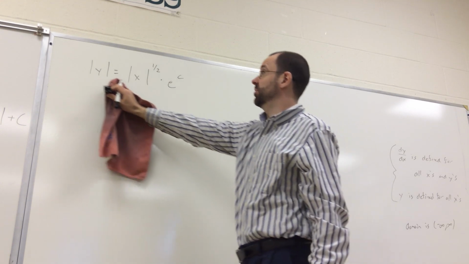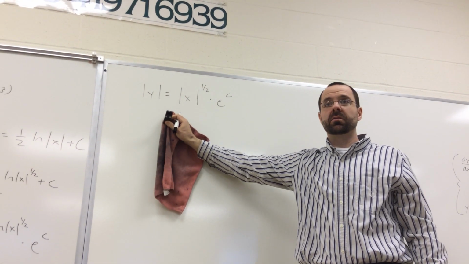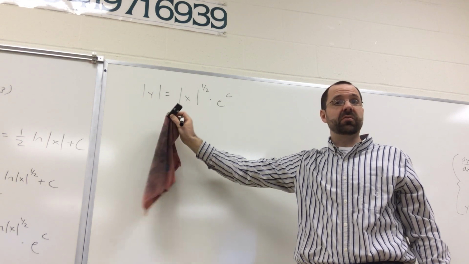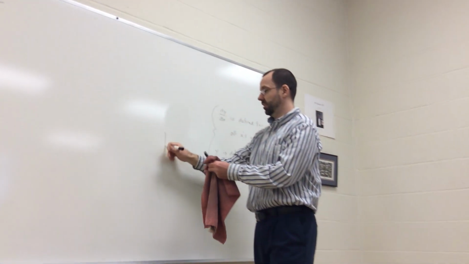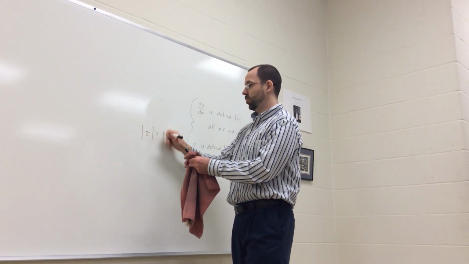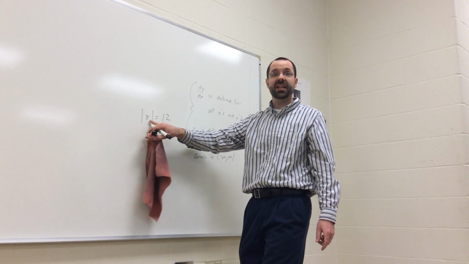Okay, now last thing I have to do is get rid of the absolute value. How do you get rid of absolute value? There's two possibilities, right? It could be positive or it could be negative. So we talked about that a little bit yesterday. If the absolute value of z is 12, then z could be 12 or z could be negative 12.